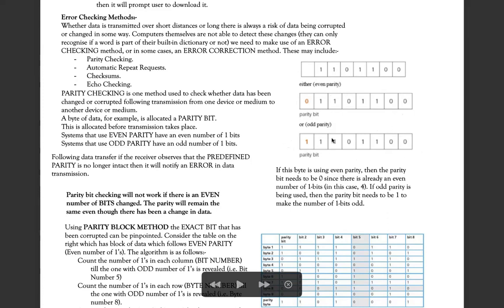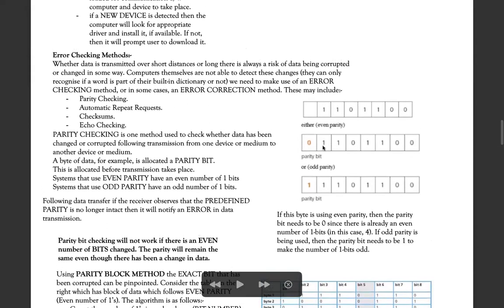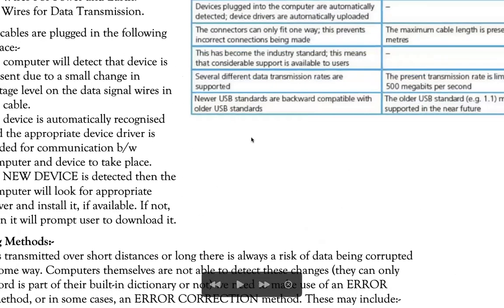Now, there is one very big problem with parity checking, and that is that if during data transmission, say one bit changed, then my receiving computer, let's just say, for example, I have right here this byte being sent.